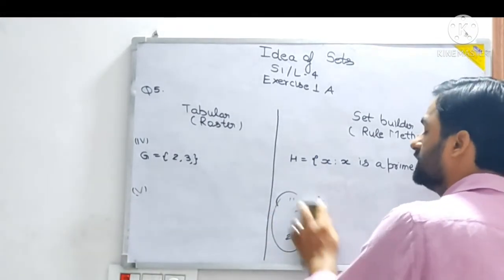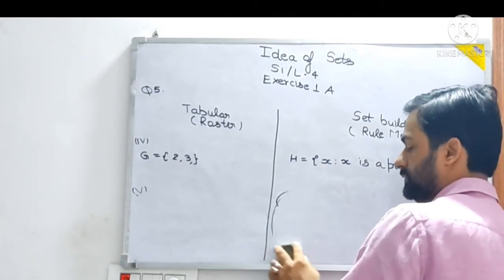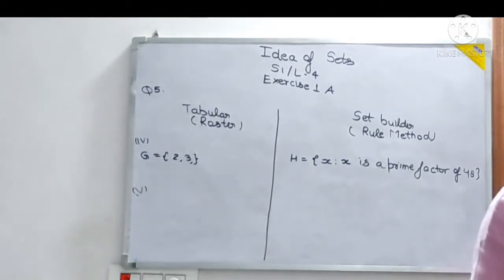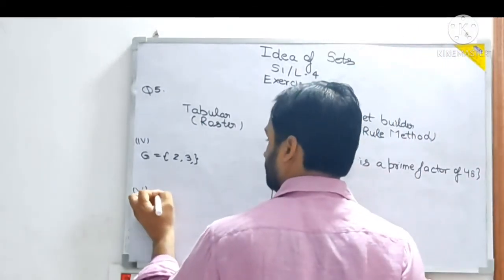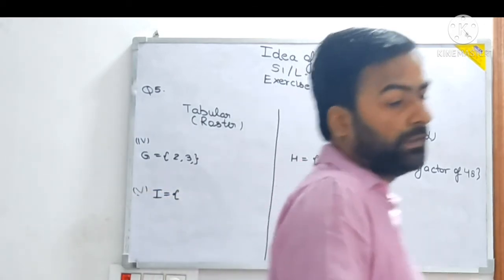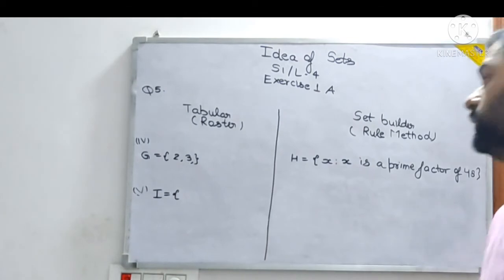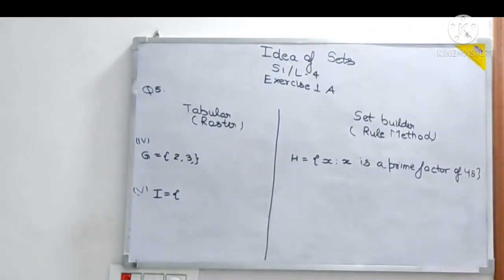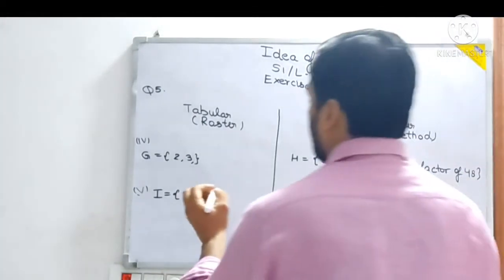Now see, the question tells us about the range of perfect squares. What is that range? It tells the set of natural numbers which are perfect squares and are less than 50. So less than 50, let's see. That means all the perfect squares less than 50. So first, is 1 a perfect square? Yes, 1 is also a perfect square.